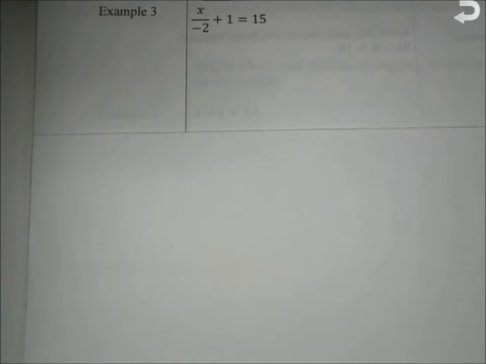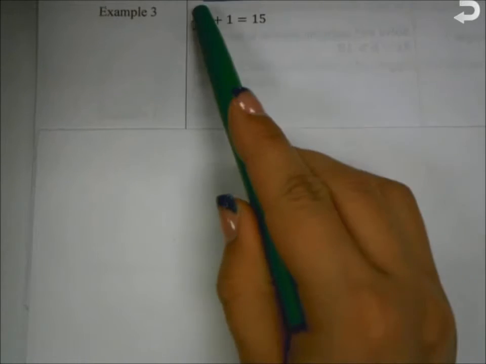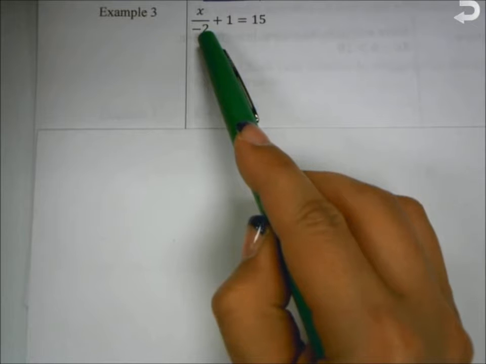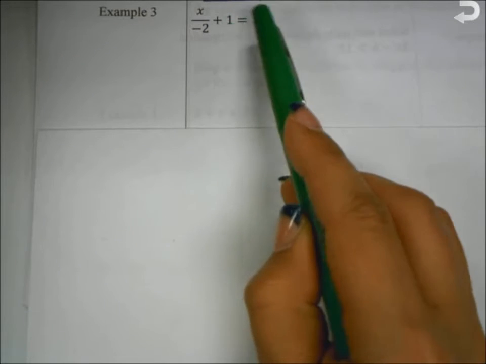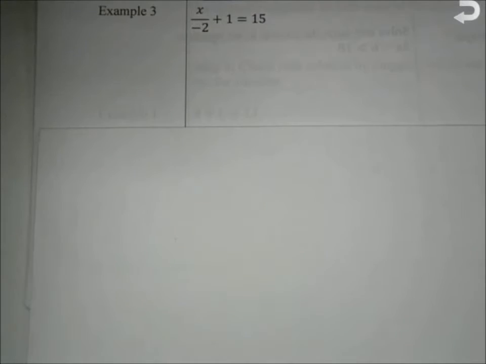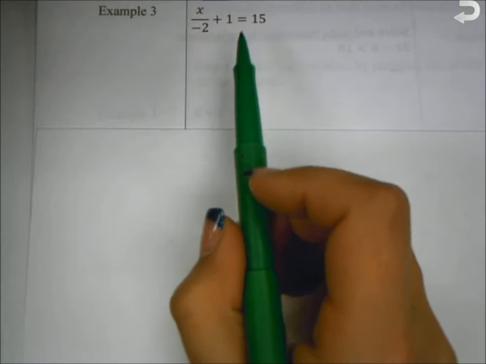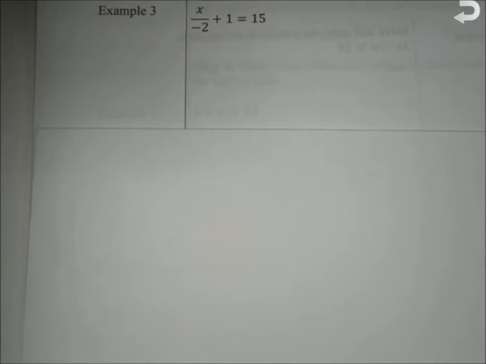So example 3, we have x divided by -2 plus 1 equals 15. So to solve, I need a volunteer who can tell me what I do first.